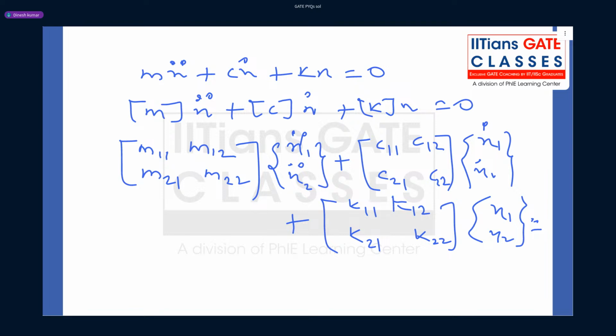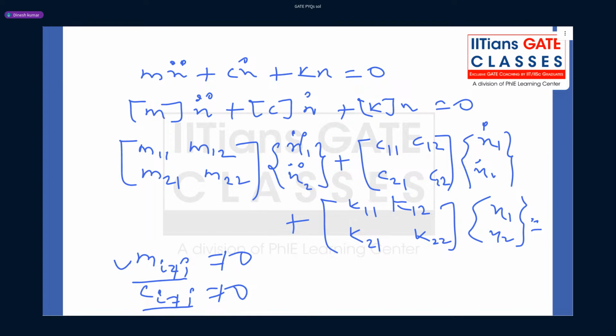Now in this case, if you look, you will have dynamic coupling if, in the given system equation, the M i not equal to j term is non-zero, or the C i not equal to j term is non-zero.